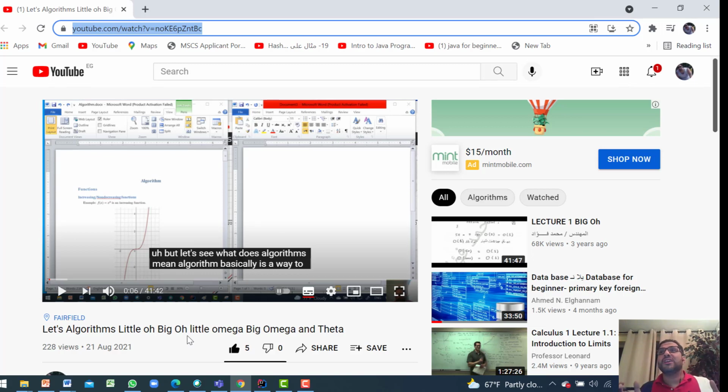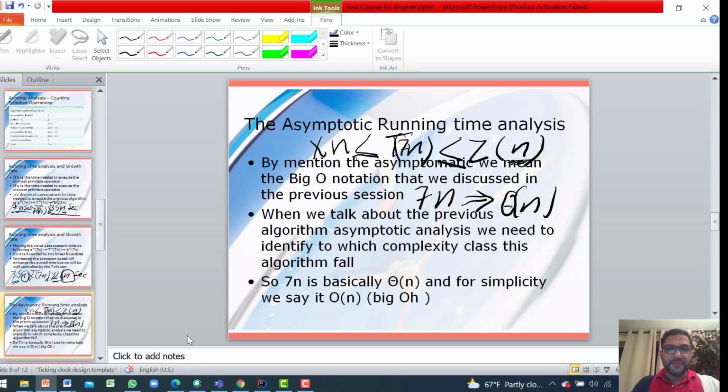Basically, the boundary of my function. It doesn't matter if I have plus 5 or multiply by 7. I'm talking about the core of the thing, the number of operations. This is the real parameter that I do care about.